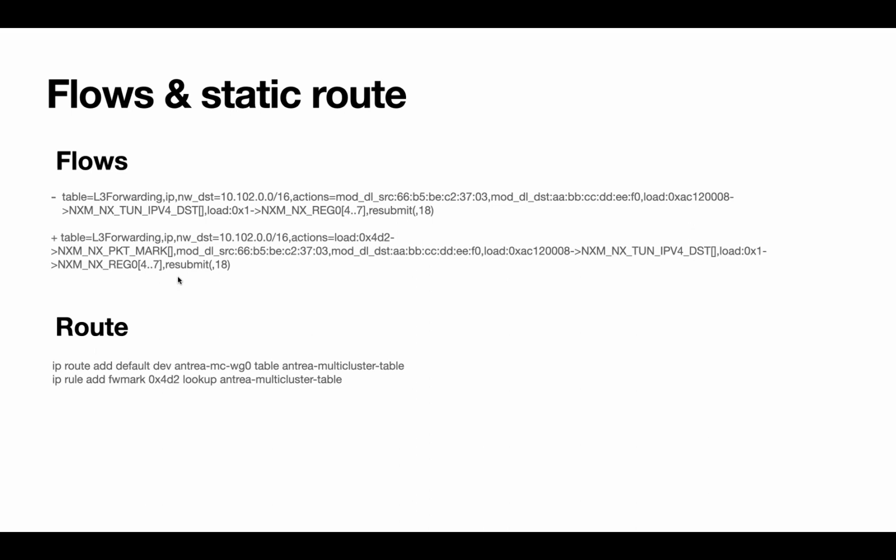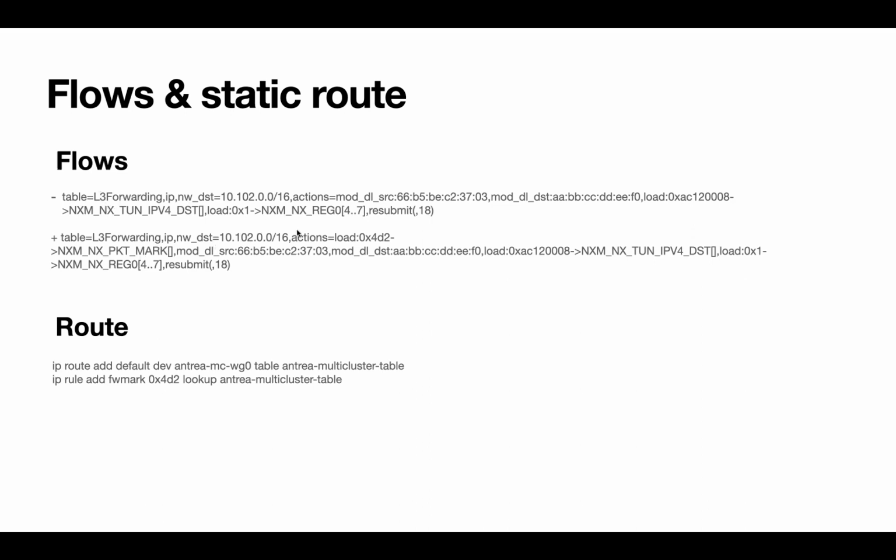In our implementation, we should try to hijack, not the correct word, but it is okay, we should hijack the traffic out of the Antrea tunnel 0 interface. So we use a packet mark in this flow.